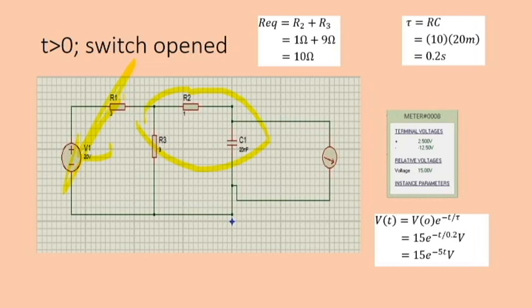V naught is equal to the V when the time is 0, which is 15. So e to the negative t over 0.2. You can just leave the answer like this, but it is better if you simplify the equation to the final answer. That's all.